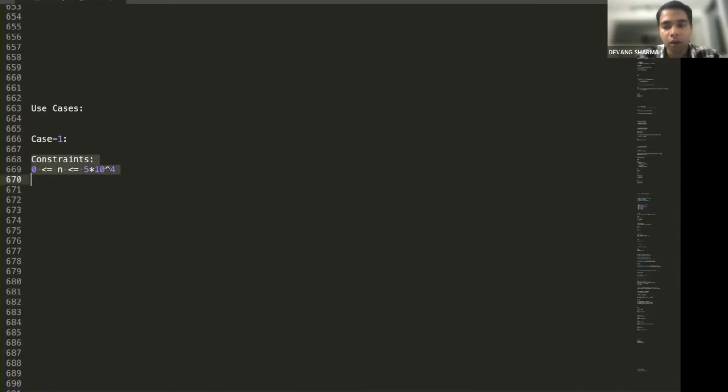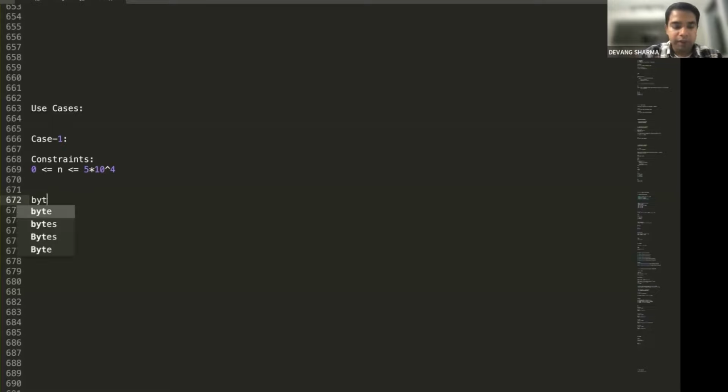Okay. Cool. Now, based upon this piece of information, what important decision can I make? Let's talk about that. So if I know that n is going to be between 0 and 50,000, what's the range of byte? Let's start with that. The range of byte is minus 128 to 127. We are just talking about signed as of now.